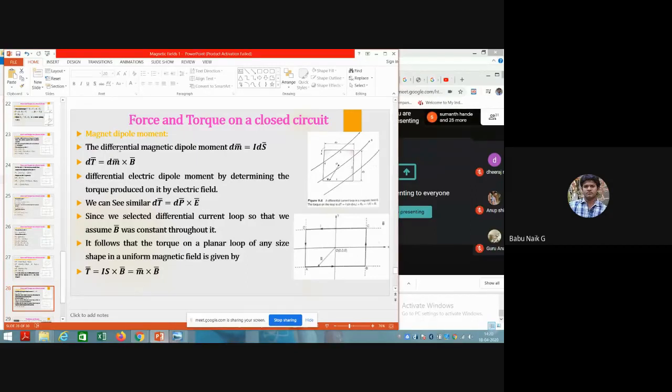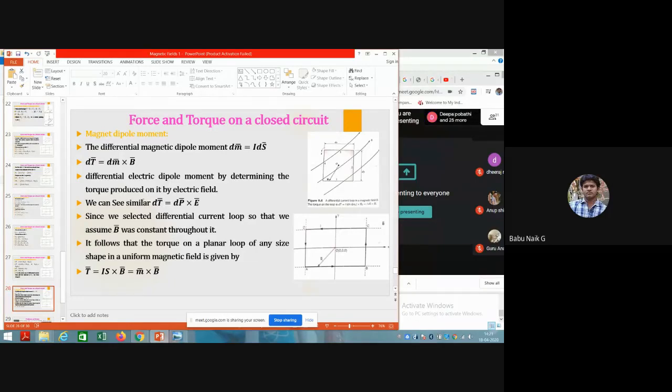In a similar way, we can find the differential magnetic dipole moment, denoted as dM vector, which is equal to I dS, where the current flows through the circular loop having surface area dS. So for the dipole moment, the torque is dT equal to dM vector cross B bar. Okay.